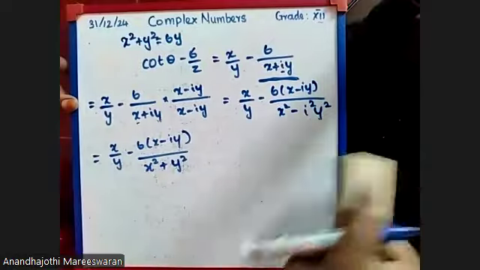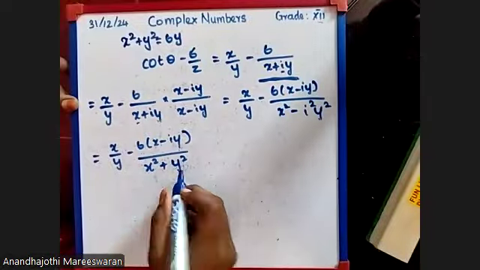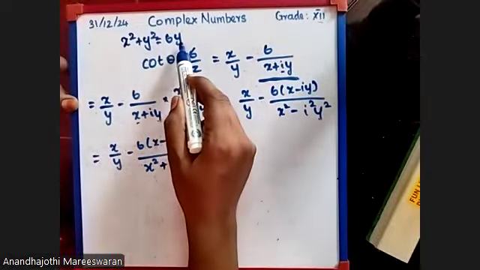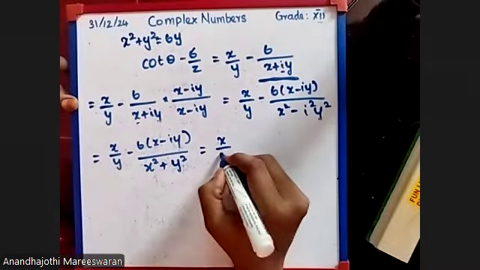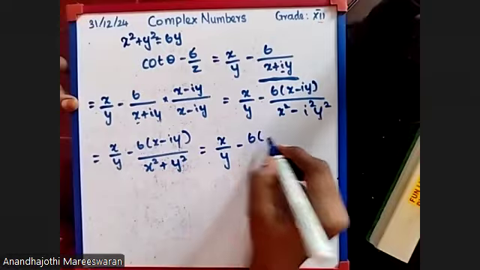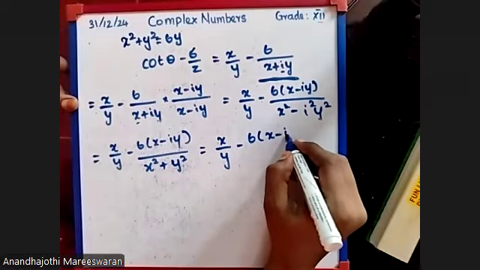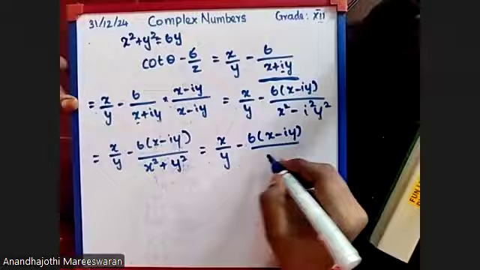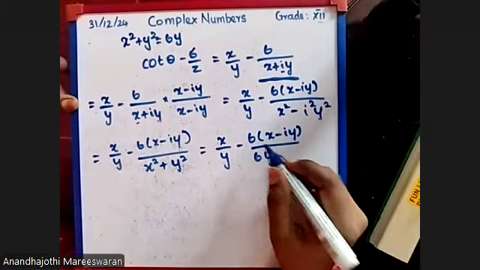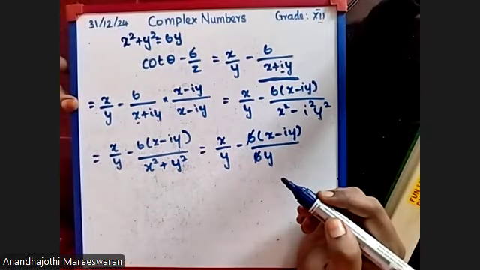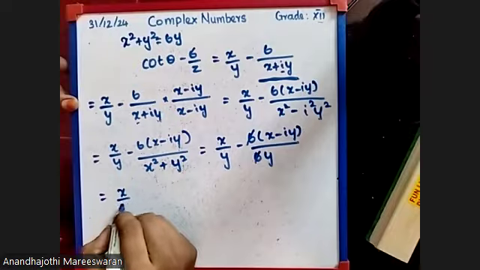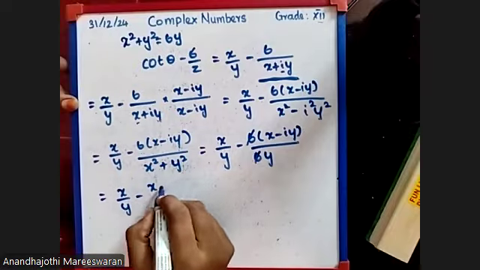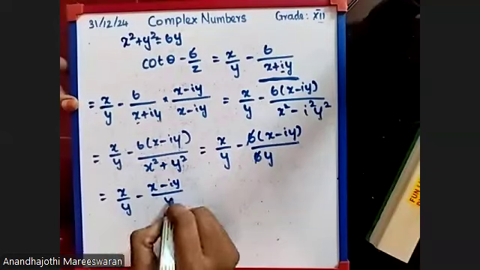So we all know that x squared plus y squared is equal to 6y, right? We are going to substitute this here. x by y minus 6 multiplied by x minus iy divided by 6y. So this cancels this out, right? So x by y minus i minus iy divided by y.